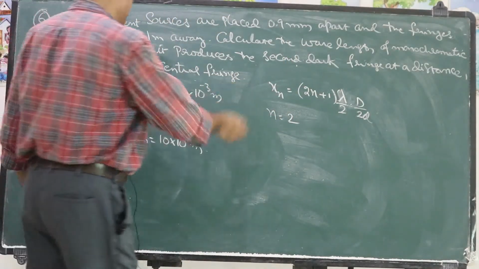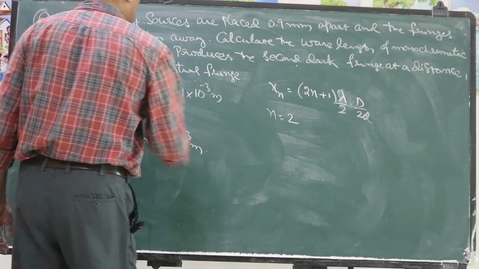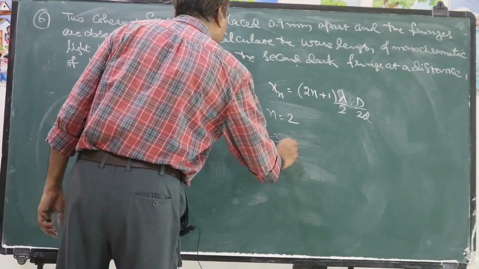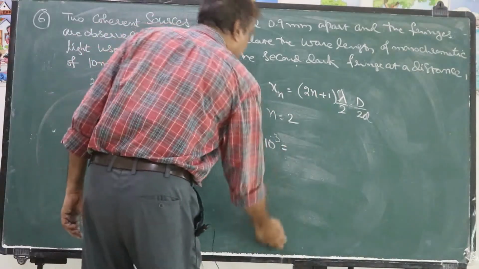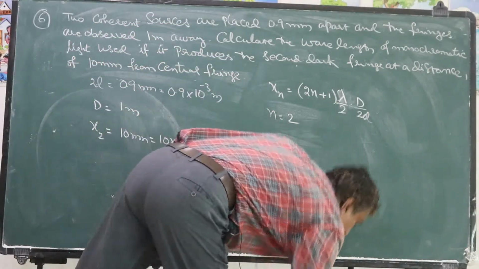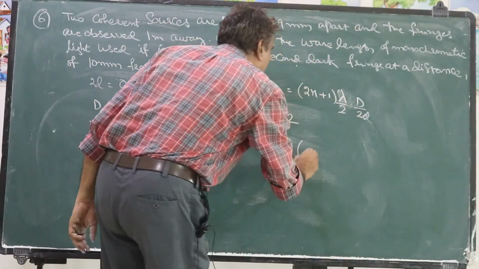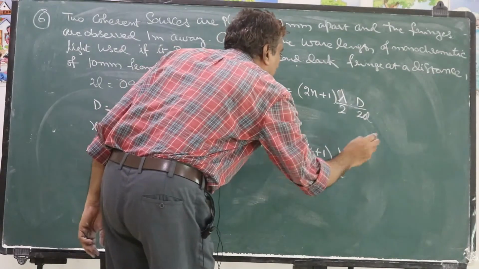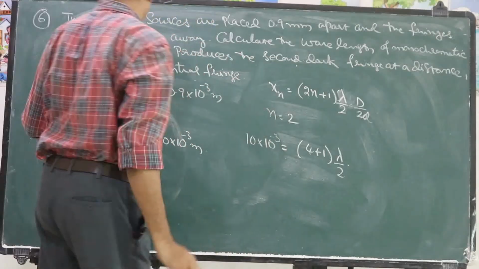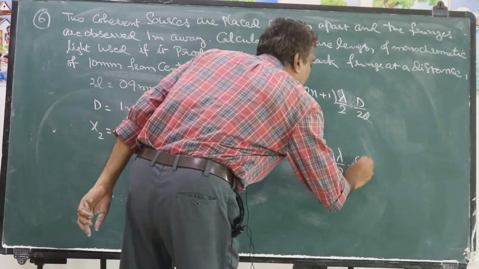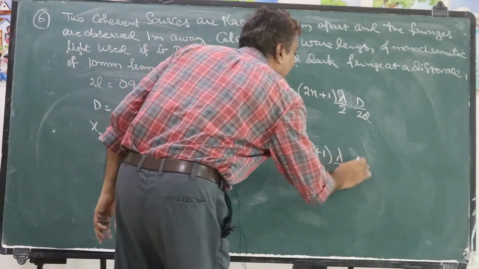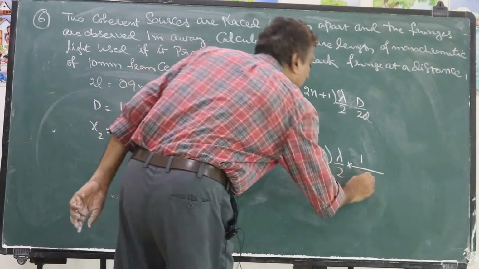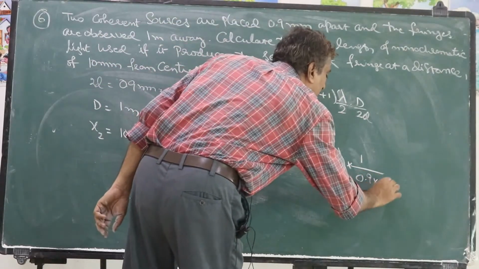Now we substitute: 10 into 10 power minus 3 is equal to (2 into 2 plus 1), that is 5, into lambda into 1 by 2d, and 2d is given as 0.9 into 10 power minus 3.